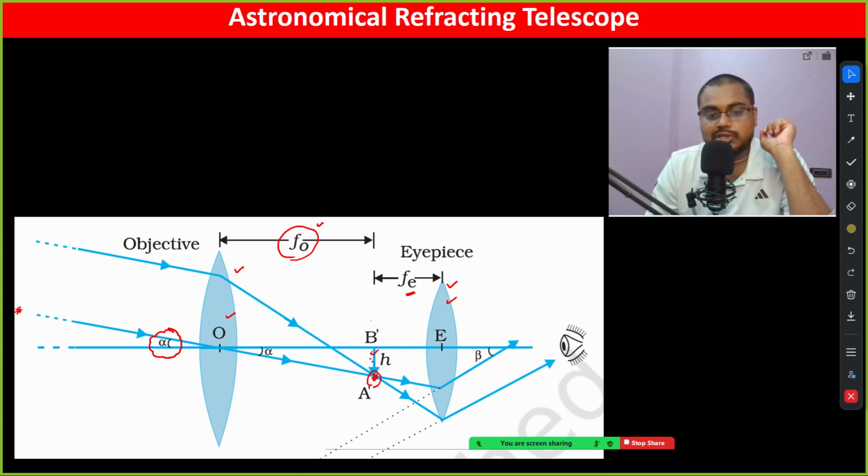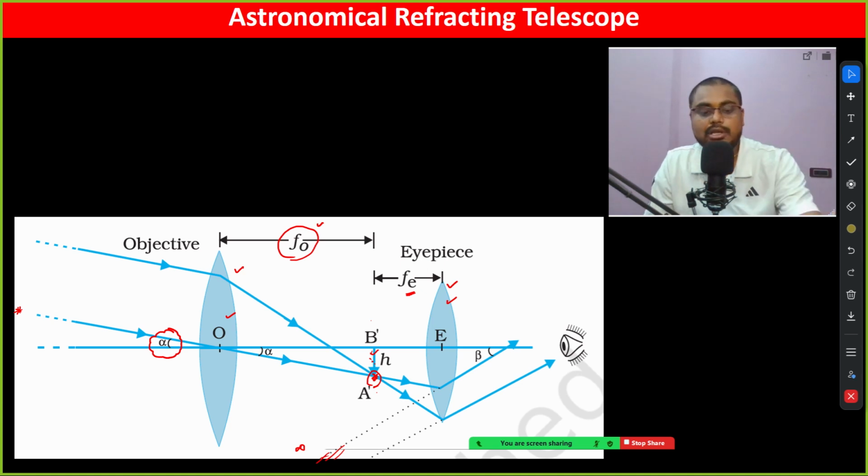So the final image is going to be formed at infinity, and it's going to be inverted. Okay, let us go ahead.